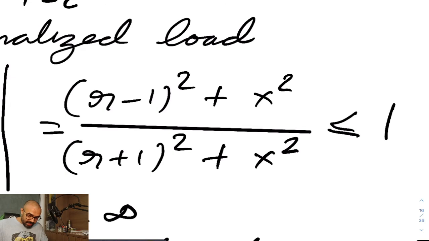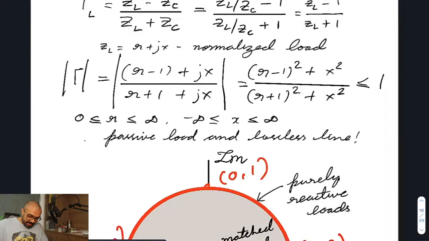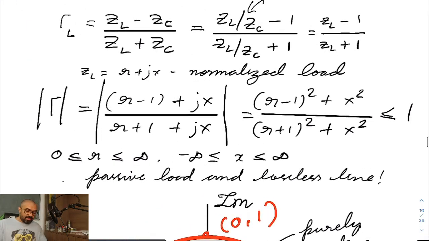And from this, X squared is always positive. R minus 1 is always smaller than R plus 1 for R greater than 0. And thus we can see that gamma, this complex reflection coefficient that we can observe at any point on the line, will always have an absolute value less than or equal to 1.